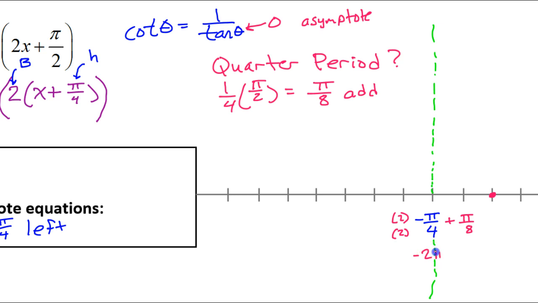So wouldn't that give me negative 2 pi over 8? Alright, so now I can easily add 1 pi over 8. Negative 2 plus 1 is negative 1, so this would make negative 1 pi over 8.